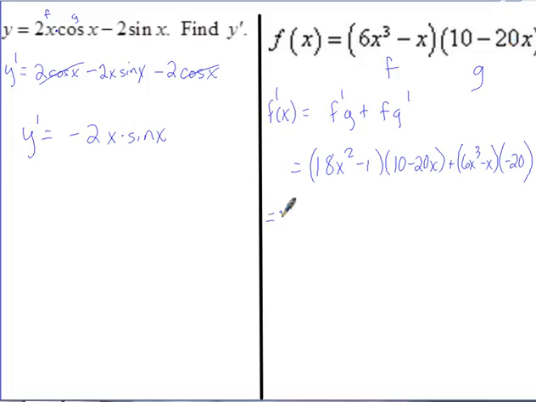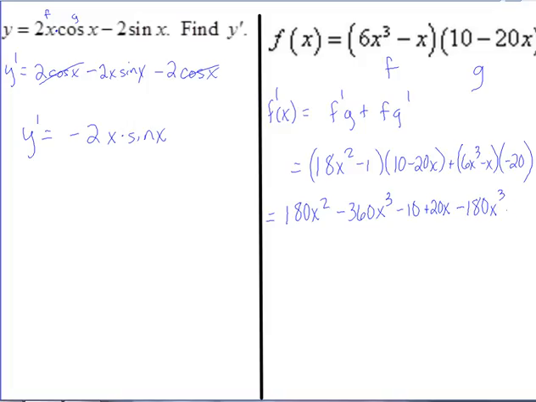Okay? So, I like to write everything out, which would give me what? 180x squared minus 360x cubed minus 10 plus 20x, and then on the back part this is just a what? Distribution. So minus 180x cubed.